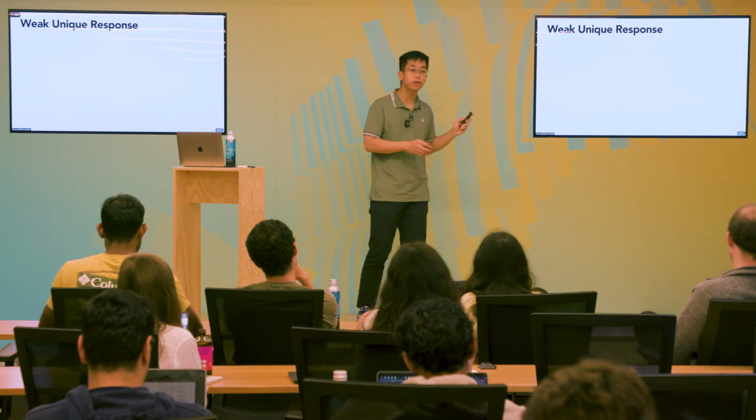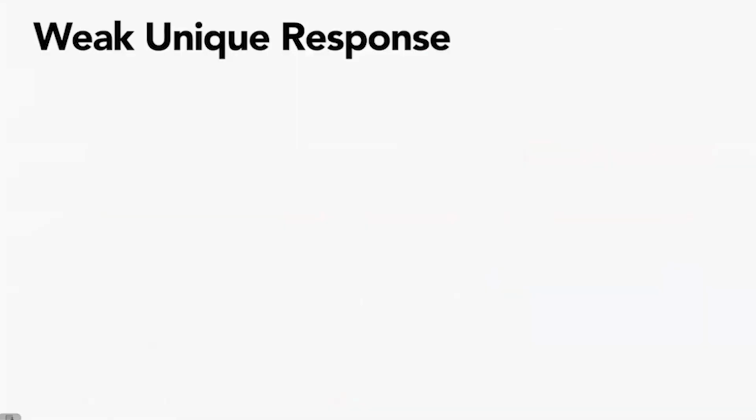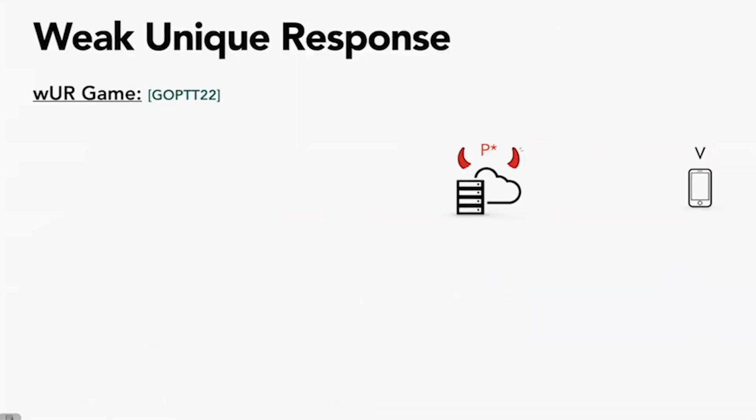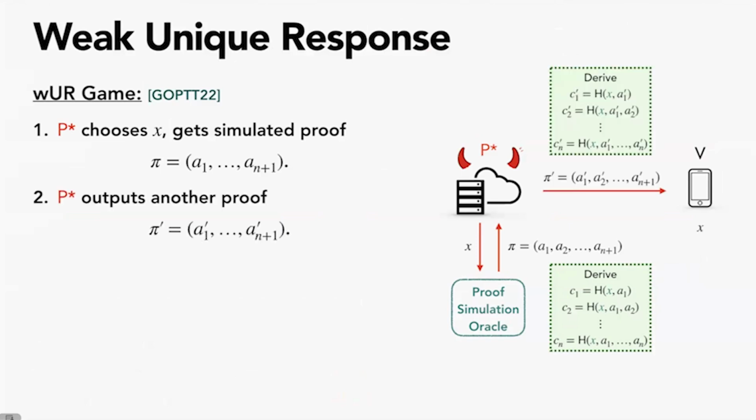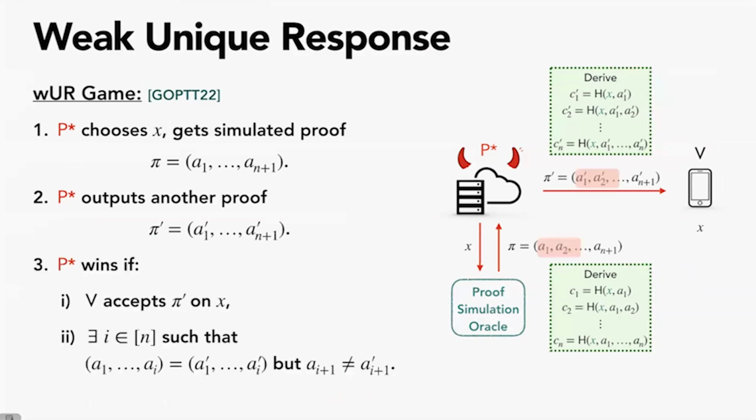Okay, so this property is called weak unique response. Let's dive into what this property is. It's defined by this game. First, your malicious prover chooses any statement x, and then it gets back a simulated proof. Now it tries to produce a different proof pi prime such that these two proofs differ, but they agree on at least some of the components.